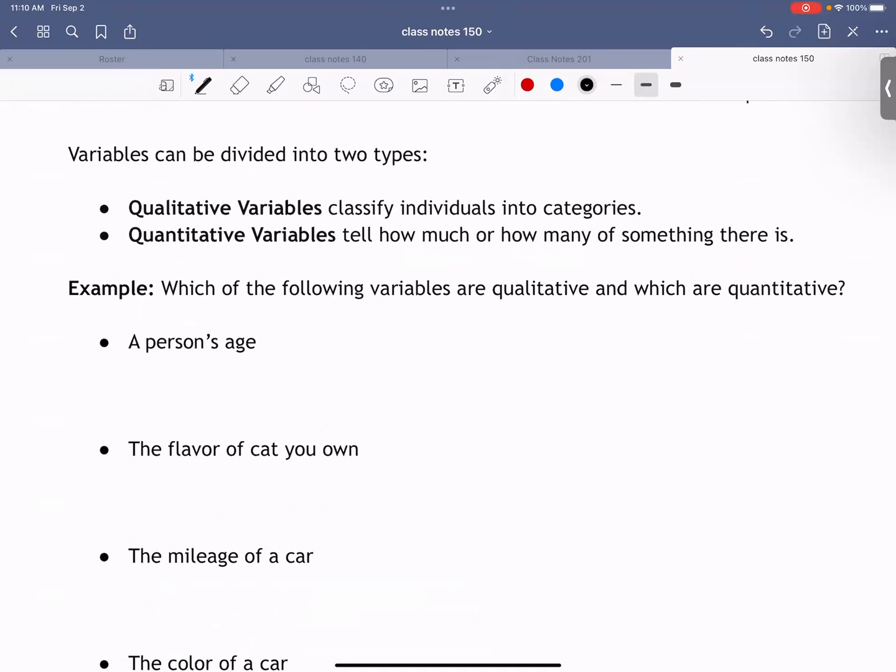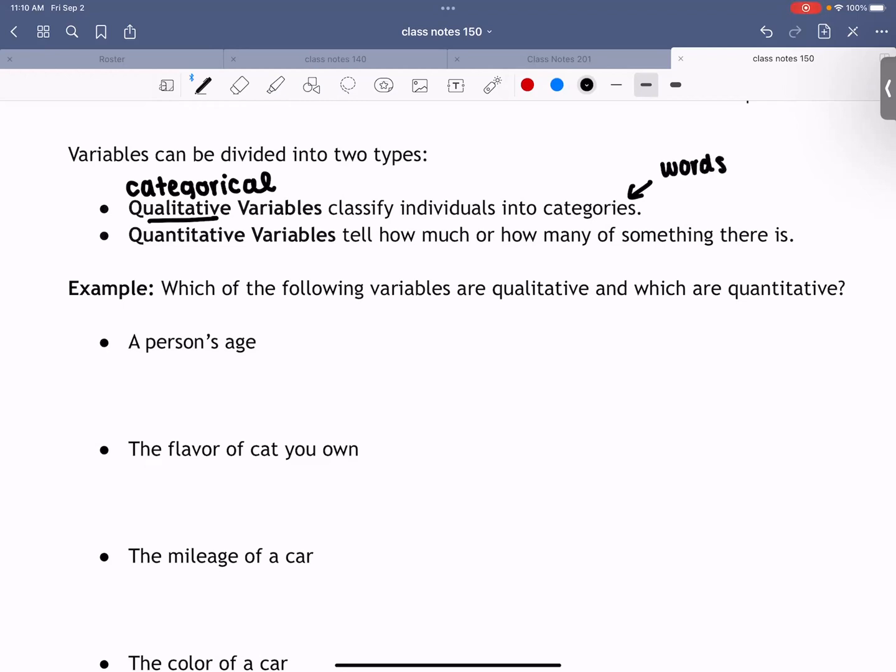Okay, if we're talking about something called qualitative data, you might also see this written as categorical data. Okay, you're measuring the quality of something or putting something into a category. These are variables that can be described using words.